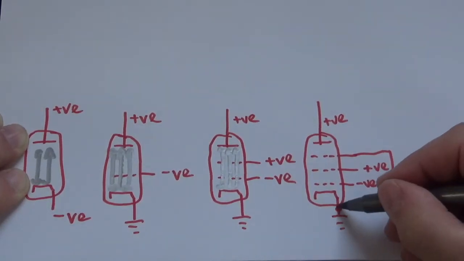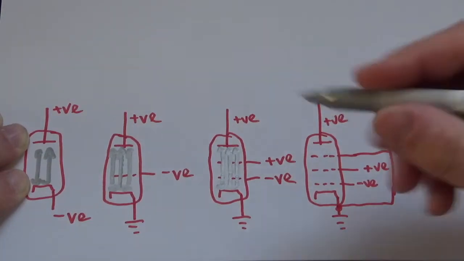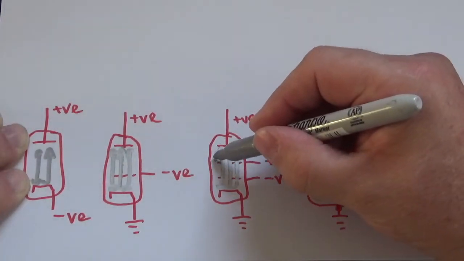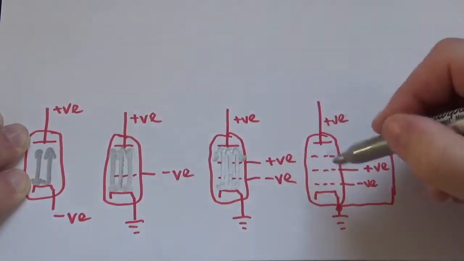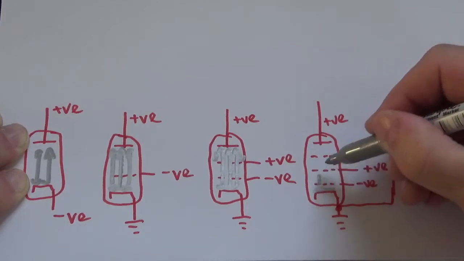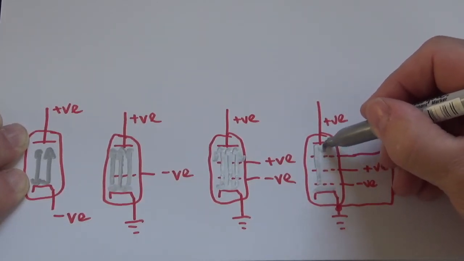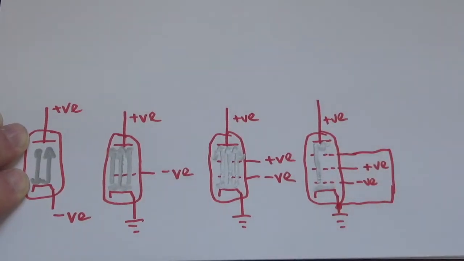Now we learnt in the tetrode that we get secondary emission and sometimes that is captured by the screen grid. Well, in the pentode we have the same sort of operation. However, when we get secondary emission, because we've now got the suppressor grid at ground potential, it tends to reflect or repel the electrons back up towards the anode where they get captured by the anode.